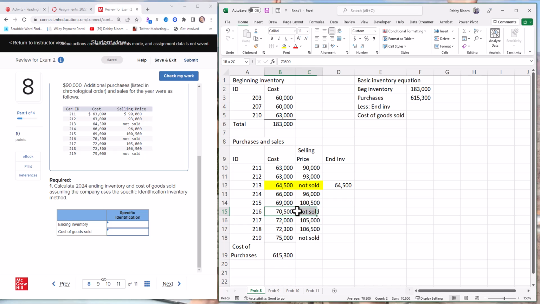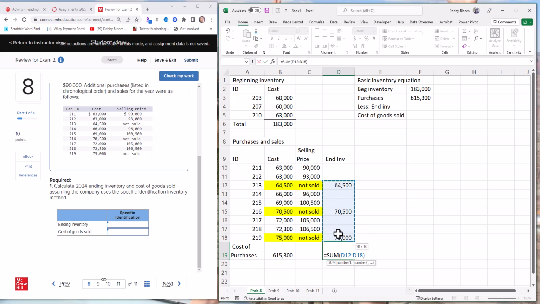Number 216 is also not sold, and its cost is $70,500. And finally, number 219 is not sold. We can see that every other one has a selling price. That cost is $75,000. We don't know the selling price because it's not sold. If I sum up those 3 numbers, I will get an ending inventory of $210,000.